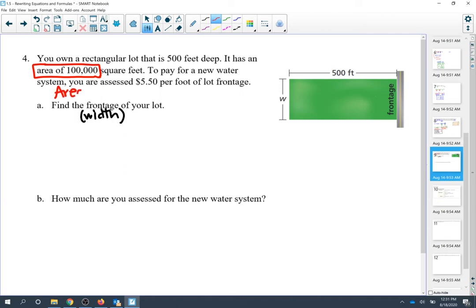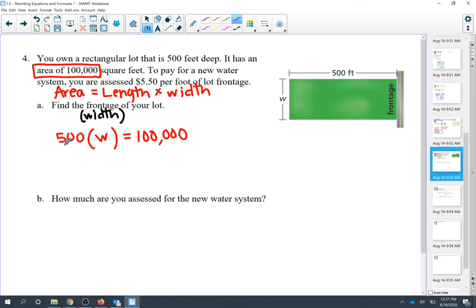So area equals length times width. So I'm going to look at my picture. I'm going to say, okay, well, my length is 500 times my width, I don't know, equals my area, which they told me is 100,000. And then we're trying to find the width, so solve for W.